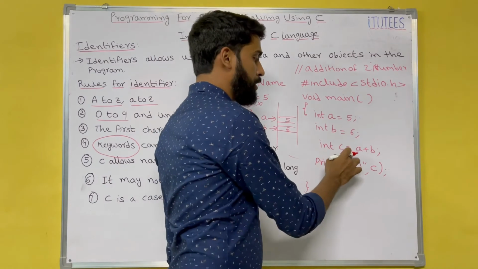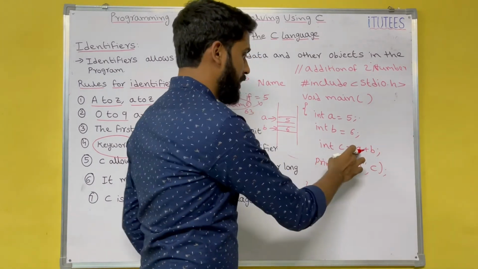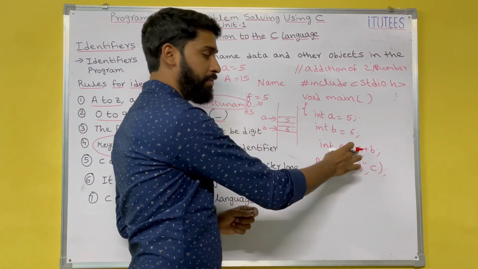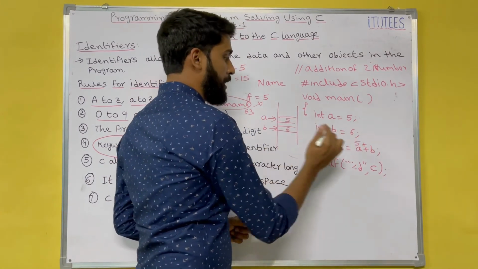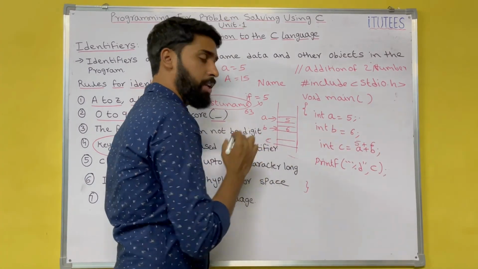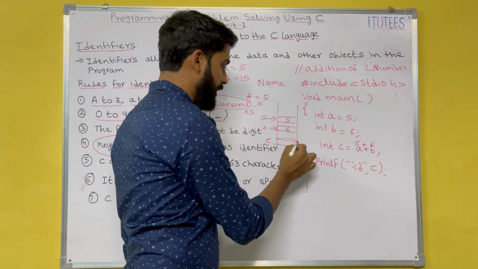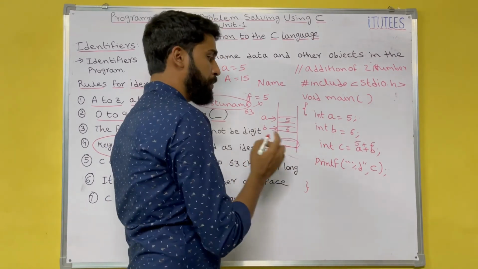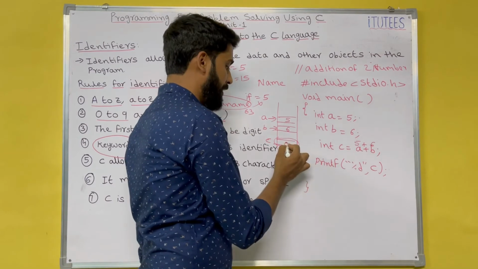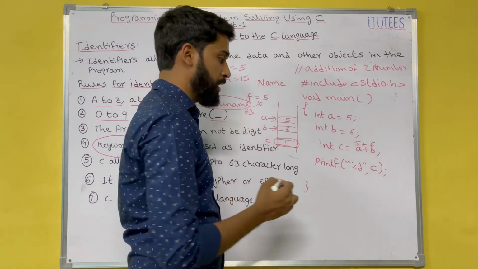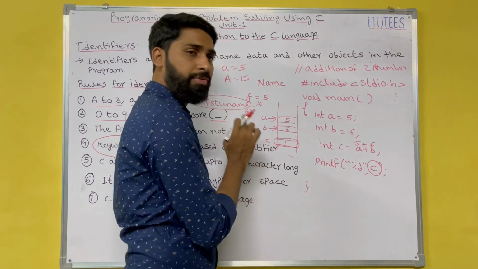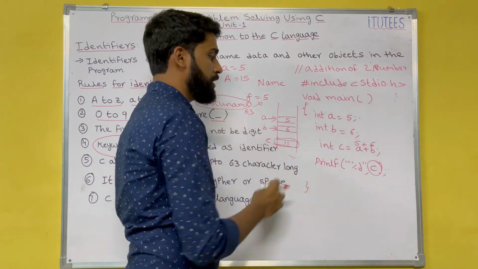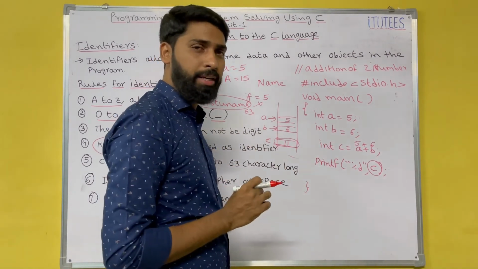Now, c equals a plus b: a is an identifier that contains some data, that means 5, plus b, 6. So c is also an identifier to identify some address. In this place you are going to place 5 plus 6, 11. 11 is stored in c. Now I want to print this 11 with the help of the identifier c. So this is the simple example for identifiers.